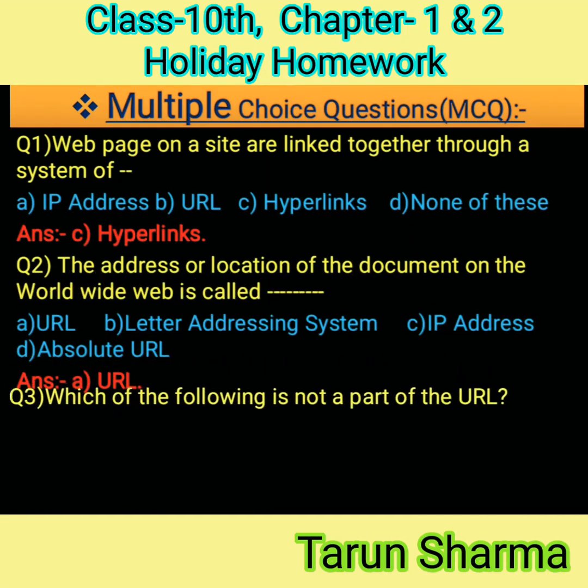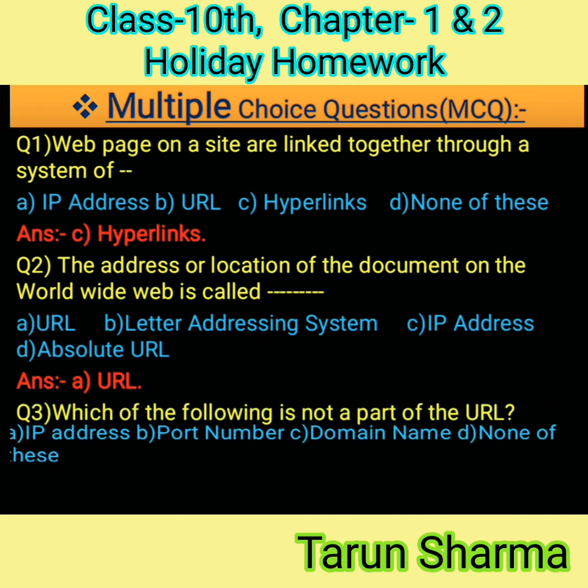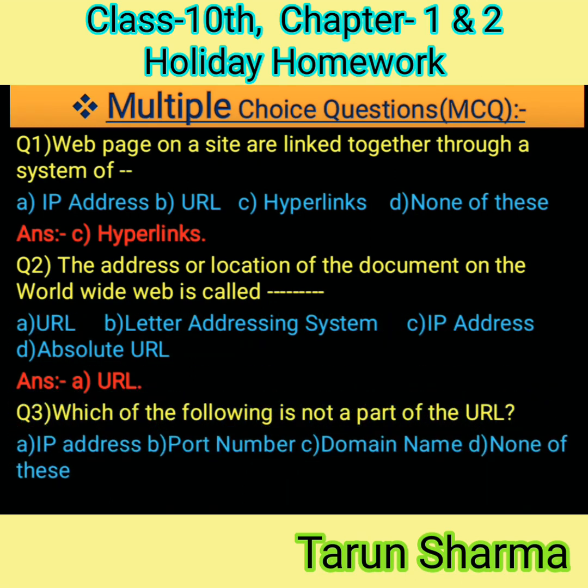Next question third: which of the following is not a part of the URL? Option A IP address, option B port number, option C domain name, and option D none of these. Answer is B, port number. Clear?